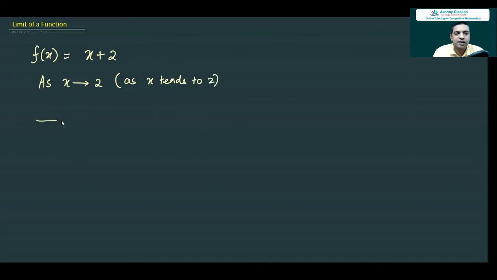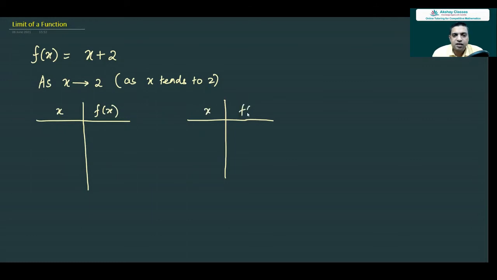Now, what does that mean? It means like this. This is x value. This is f of x values we will write. Now, x is tending to 2. That is, x is approaching the value 2.